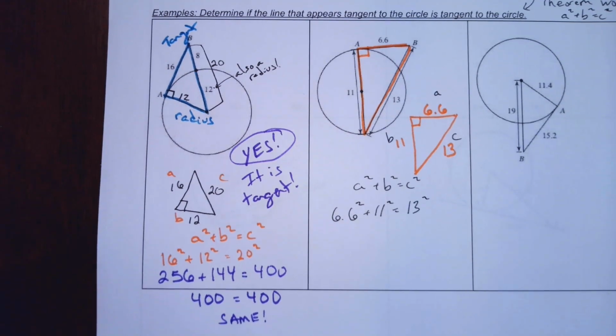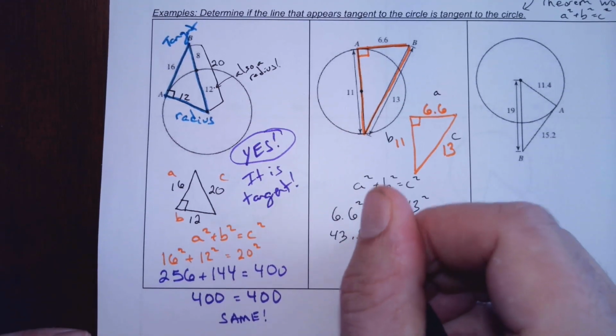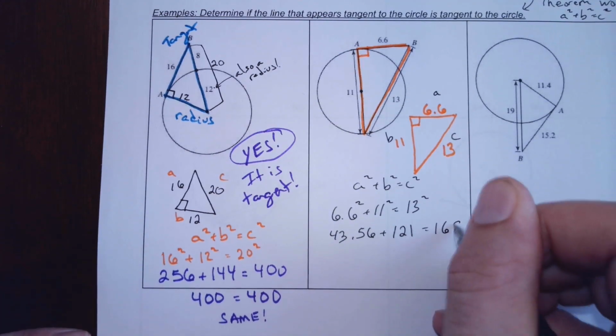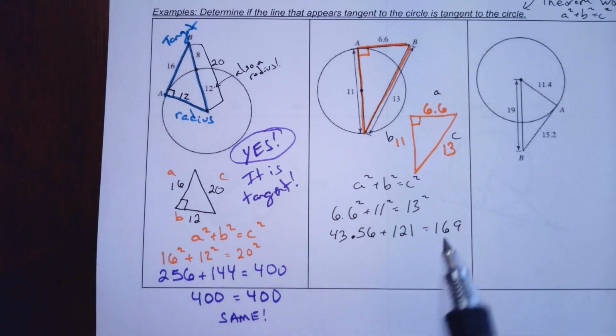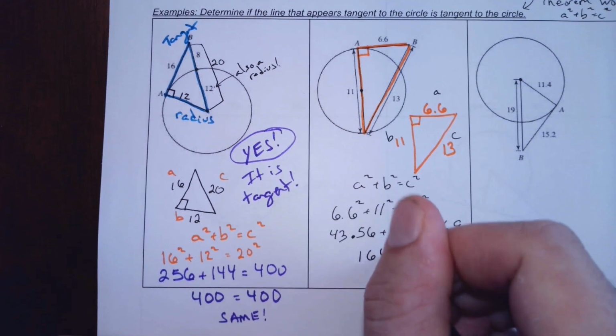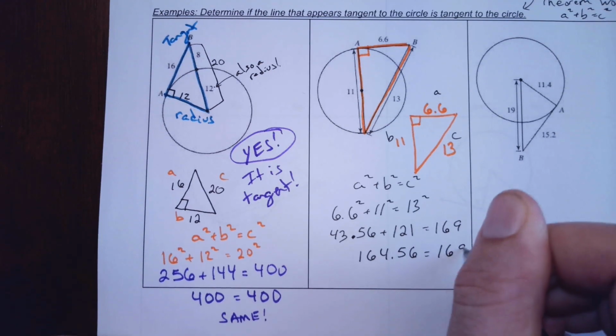So 6.6 squared is 43.56 plus 121 equals 169. So many of you can already tell this is not going to work out, but we'll finish it anyways. So we have 164.56 and 169.